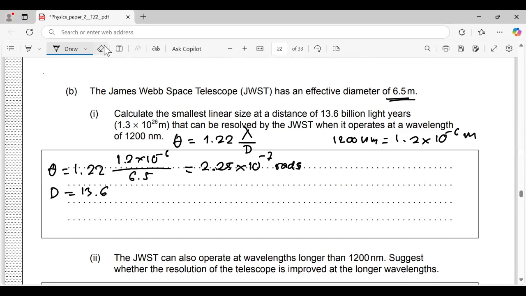Better using this one, 1.3 times 10 power 26, times 9.461 times 10 power 15 meters per light year.